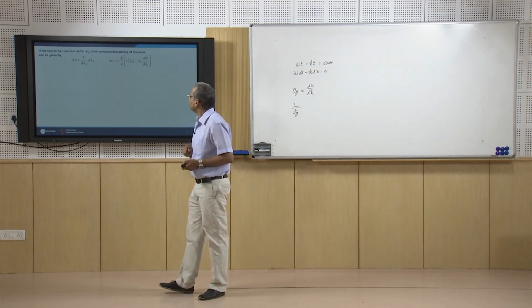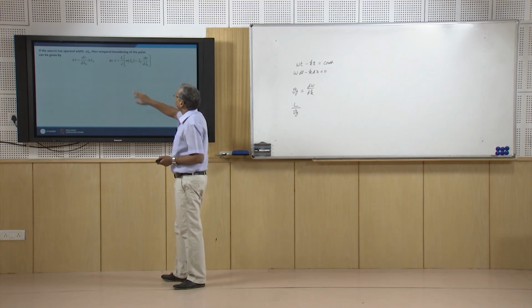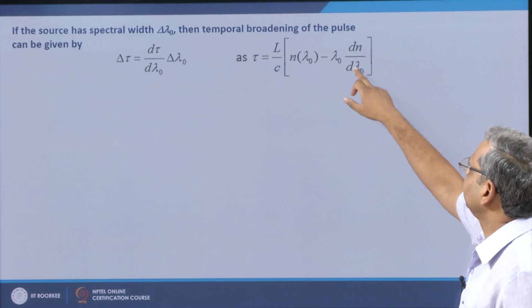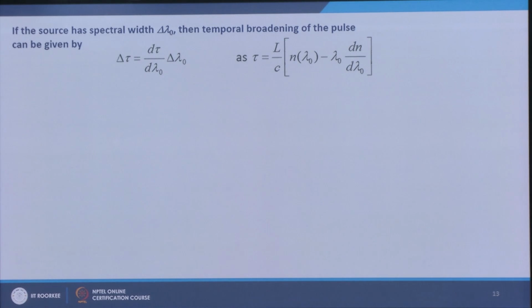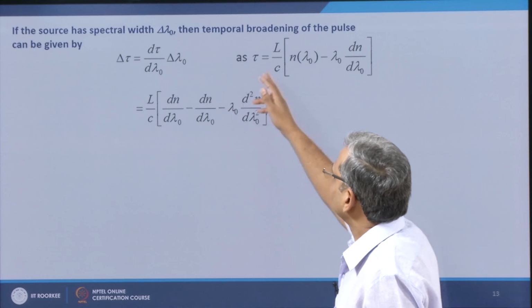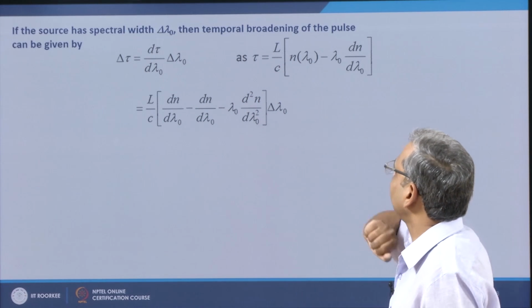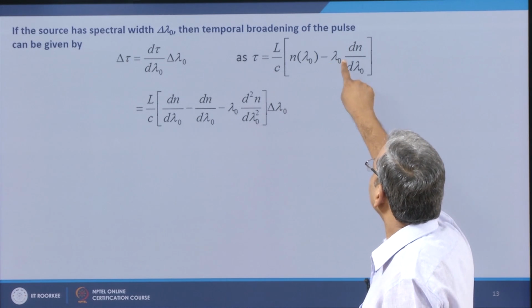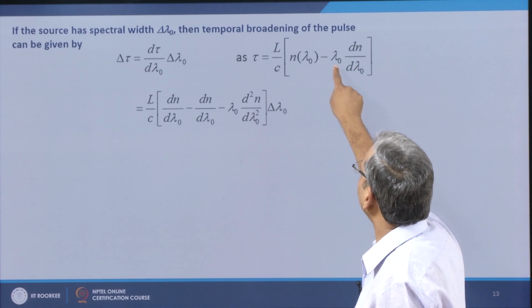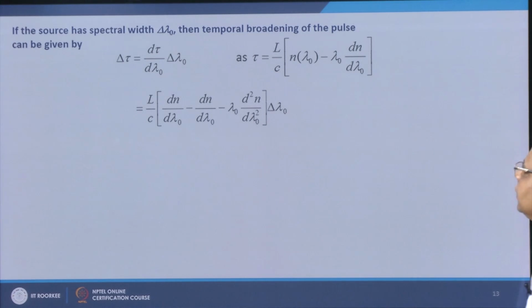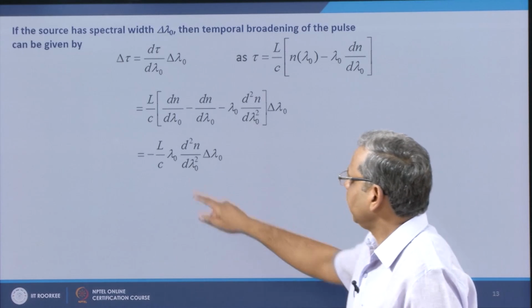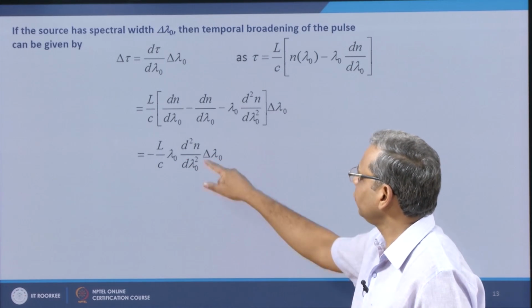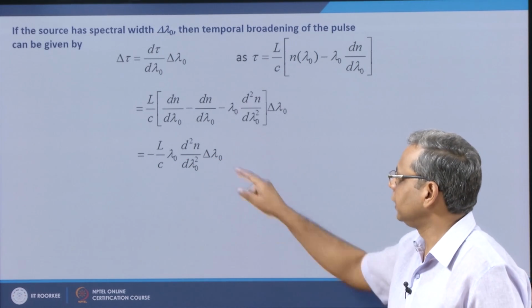And since tau is equal to L by c times n of lambda naught minus lambda naught times dn over d lambda naught, I just take d tau over d lambda naught from here. So, dn over d lambda naught minus dn over d lambda naught minus lambda naught times d2n over d lambda naught square, times delta lambda naught, and this would simply be minus L by c times lambda naught d2n over d lambda naught square times delta lambda naught.